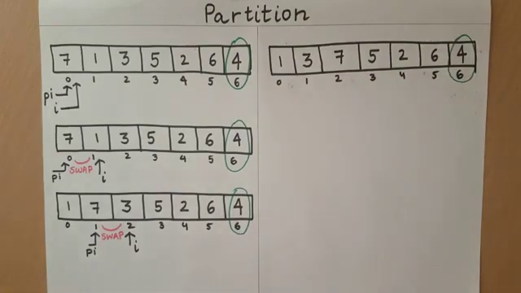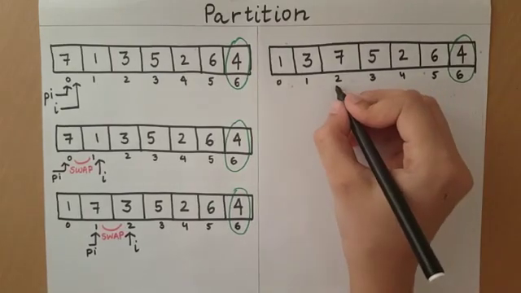Once we have swapped the elements at Pi and I, we have to increment Pi by 1. When we increment Pi by 1, Pi will now equal 2.